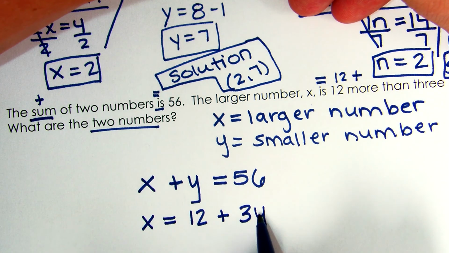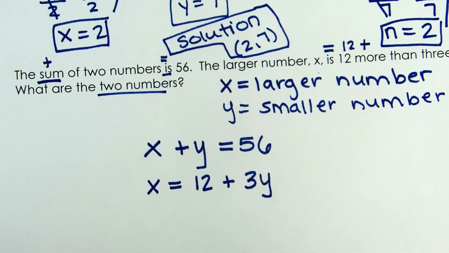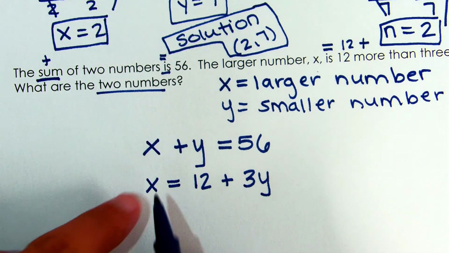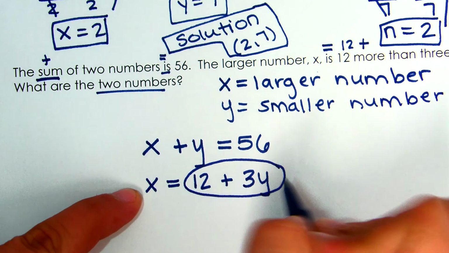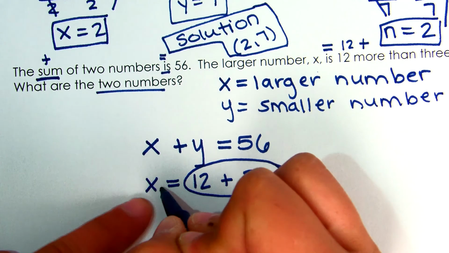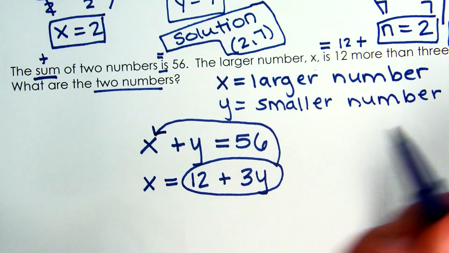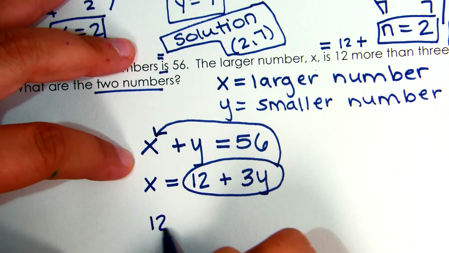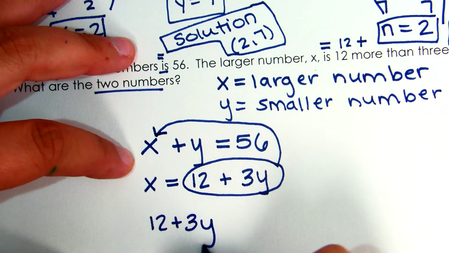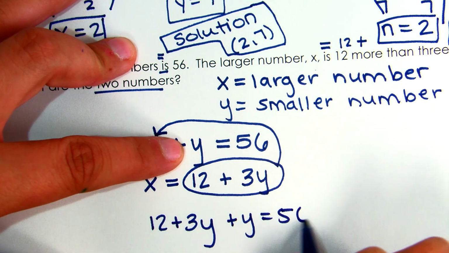So 3 times y. Now my equation is set up very nicely for me to go ahead and do substitution, since I have x alone equals. I'm going to take my equation, 12 plus 3y is the same as x, and plug it into the first equation as x. So instead of x, I'm writing 12 plus 3y plus y equals 56.